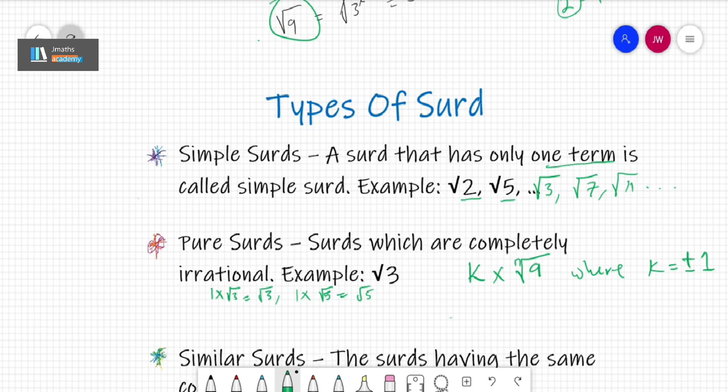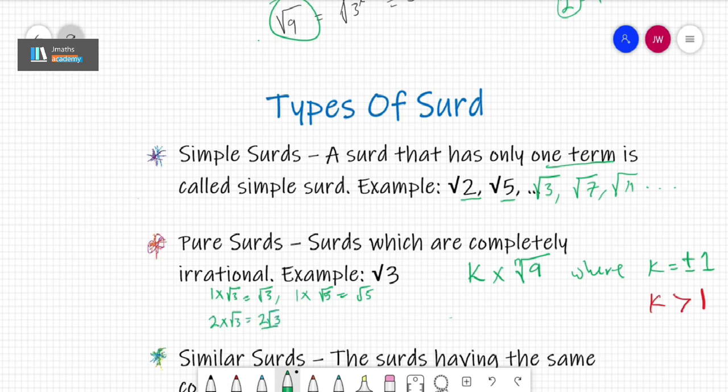But if you have k greater than 1, let's say you are using 2, sorry, let me use my green ink. If you are multiplying 2 by root 3, this will give you 2 root 3.